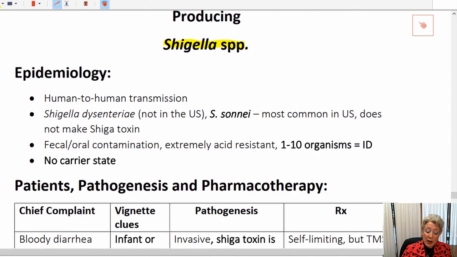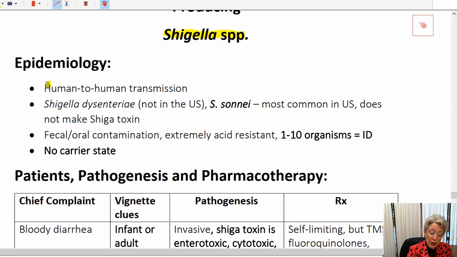So when we think about Shigella, human-to-human transmission, we don't have Shigella dysentery in the United States, but in the United States, our most common species is Shigella sonnei, and remember, it does not make that Shiga toxin. So sort of by definition, our cases are less severe than those in the rest of the world.